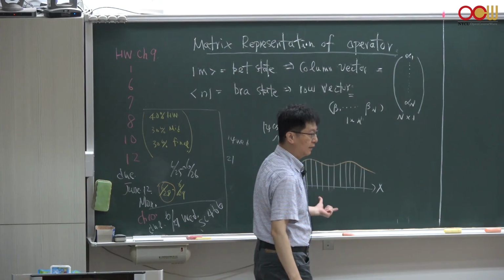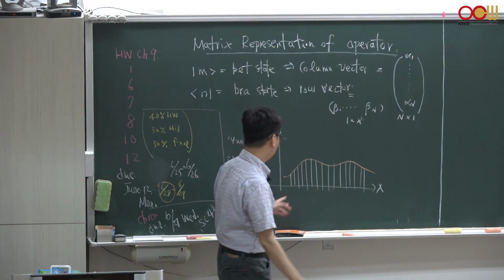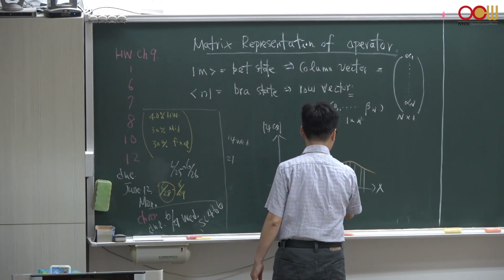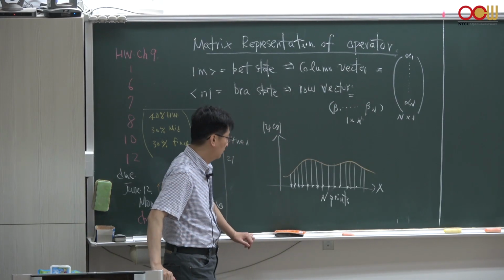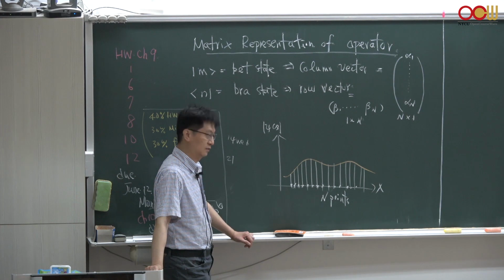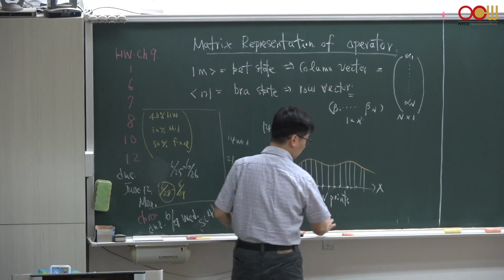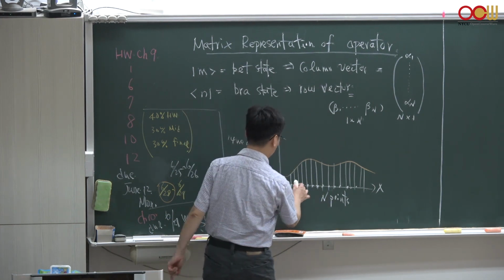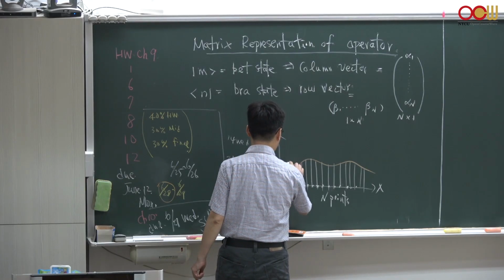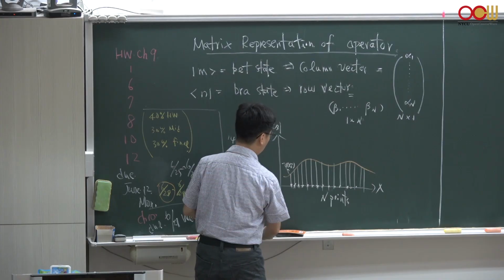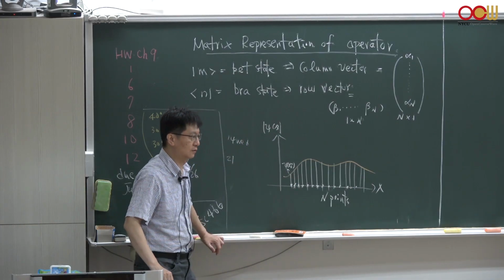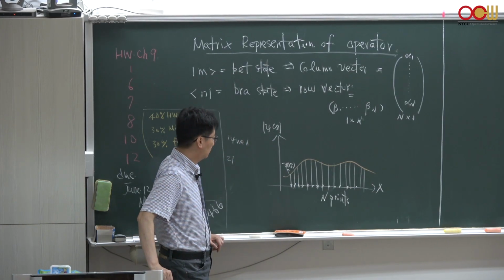in tiny little points, and these points can be an infinite number of points. At each position in x space, you have a value which corresponds to that value of the wave function, okay, the Schrödinger wave function.